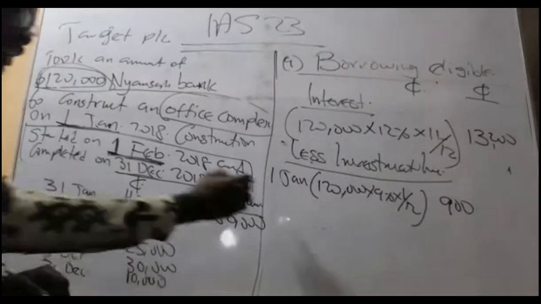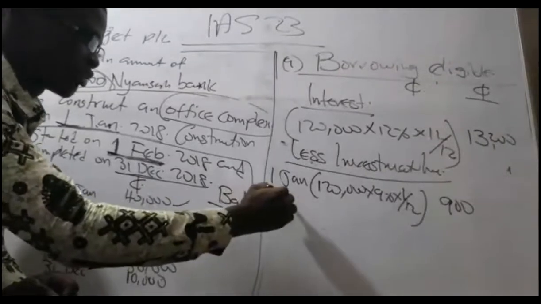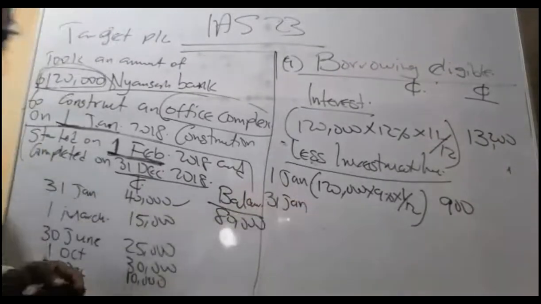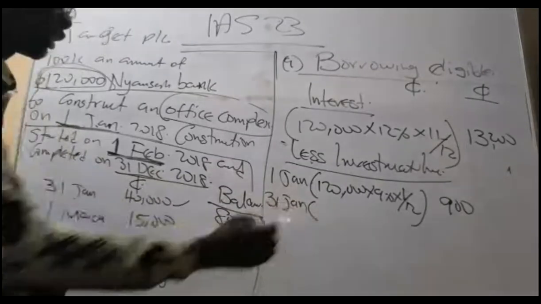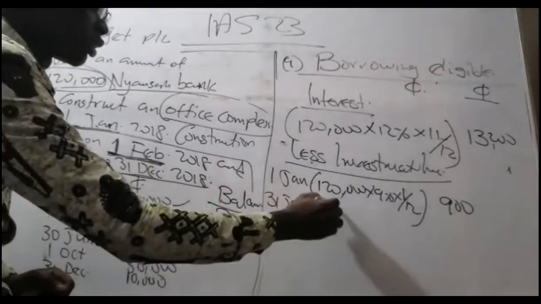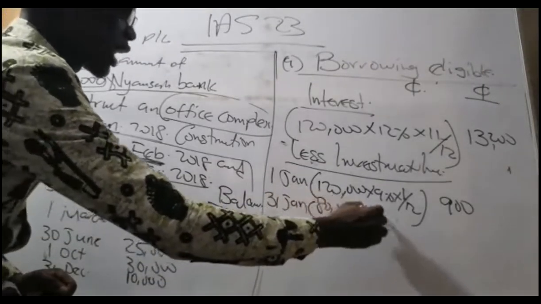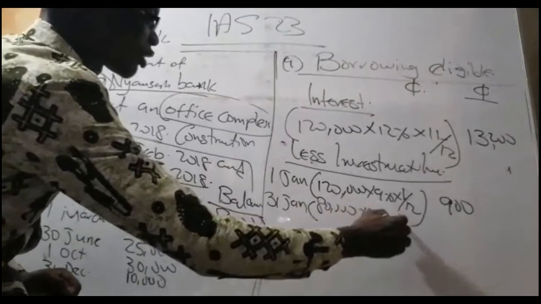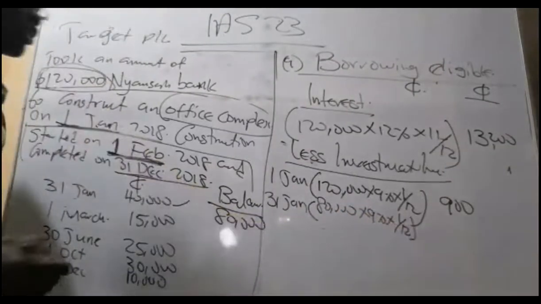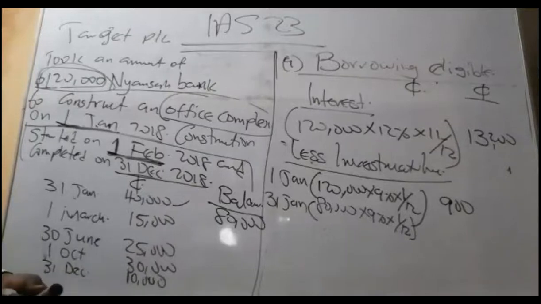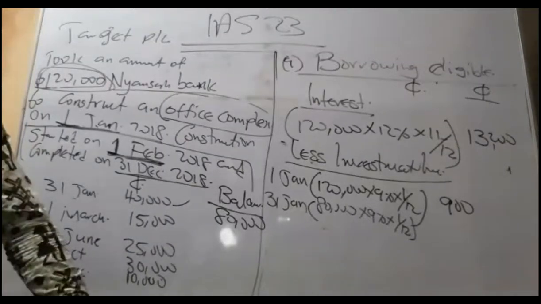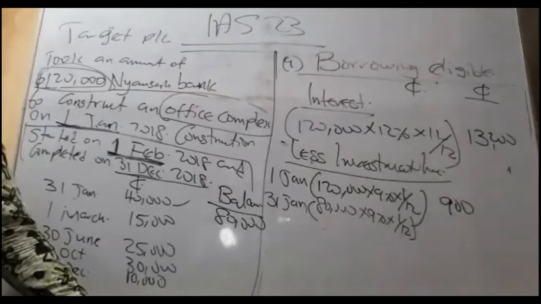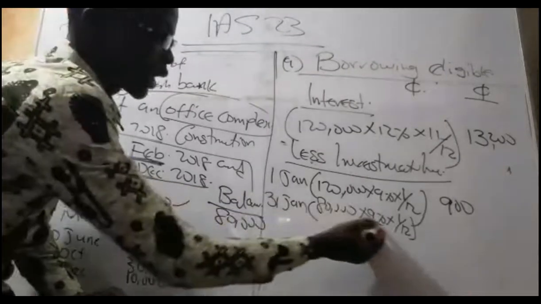So I'll write here, on 31st January, they are investing another money, and that one is 80,000 times 9% times 1 out of 12. That's 1 month out of 12 months, because this interest is per annum.